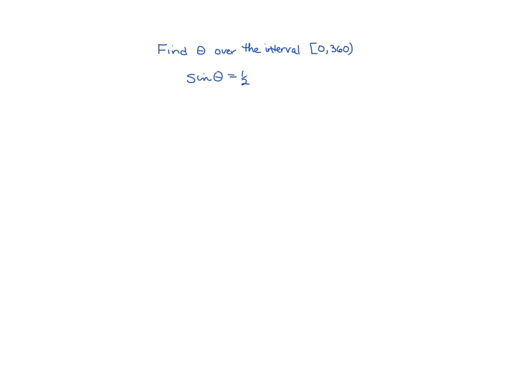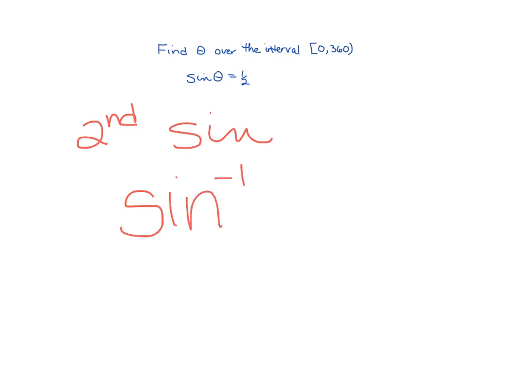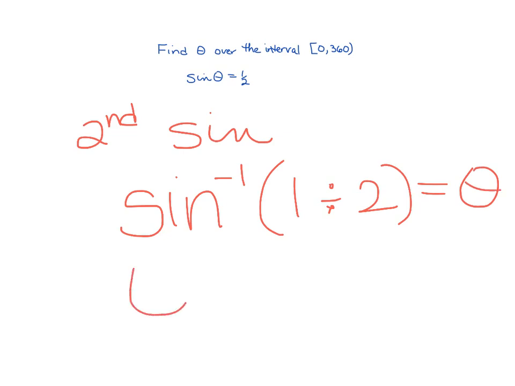This is where we're going to use the second sine key when we're looking for an angle measure. So we hit our second key and then the sine button. Once we do that, it's going to change the display to say sine -1. Then in the parentheses, you're going to do 1 divided by 2. You can key it in as a fraction, or you can key it as 1 over 2. And then once we hit enter, that gives us theta. And theta here is 30.